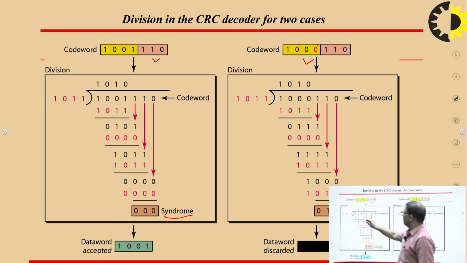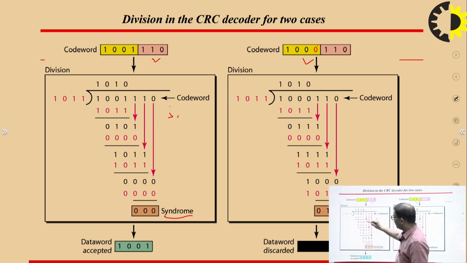Now, if you are dividing by 1011, just simply apply XOR. XOR means if both bits are different, put 1. If both bits are the same, put 0. 1, 1, 0; 0, 1 different, 1; 0, 0, 0; 1, 1, 0.